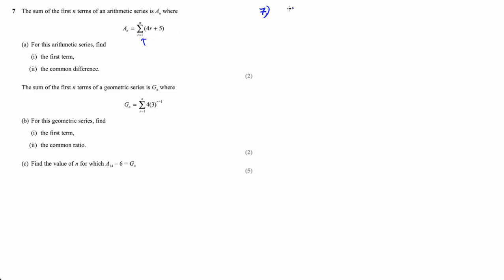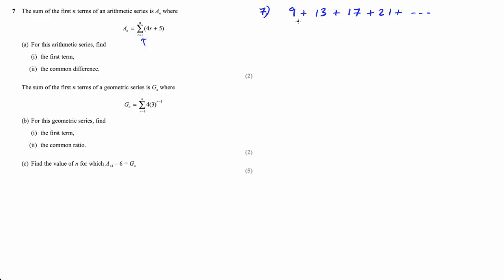So 9 plus, when r is 2, 4 times 2 plus 5, which is 13. And then it goes from there up in 4s. Sorry, it's plus if we're making a series. 17 plus 21 plus etc.